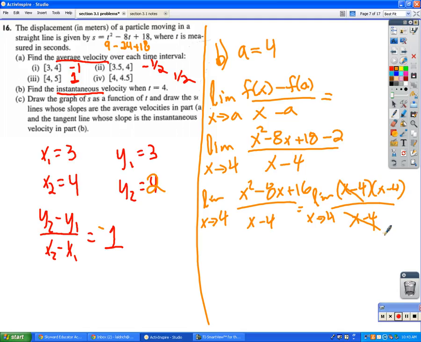So those guys cancel. And then if I substitute 4 in there, I get an answer of 0. Which you were maybe supposed to see a little bit because these numbers were approaching 4 from the left, and they were going -1, -1/2. These numbers are approaching 4 from the right, and they're going 1, 1/2, so they're slowly approaching 0.